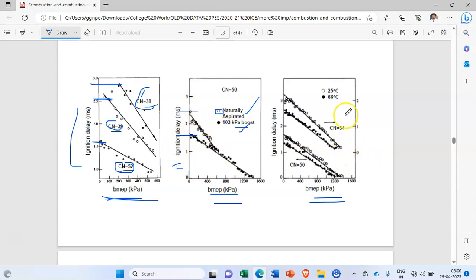Now here if you see again, for temperature, if the temperature is 25 degrees Celsius and here the temperature is 66 degrees Celsius, you will find that there is a decrease in ignition delay period. So if you increase the inlet temperature of the air, then you will find that there is less ignition delay period.